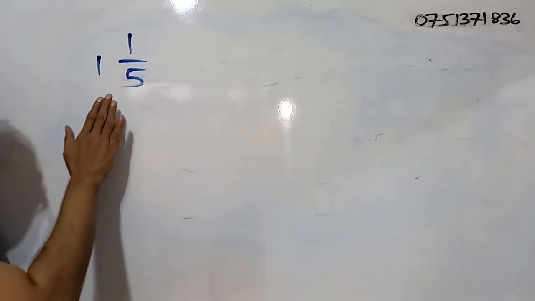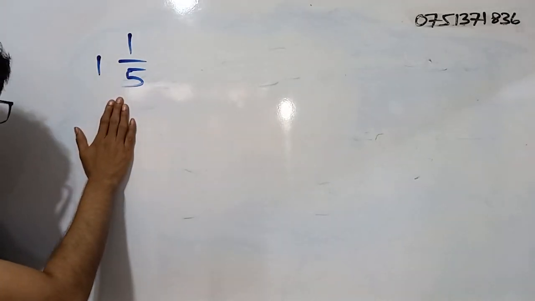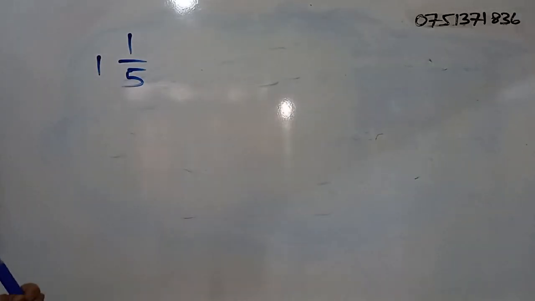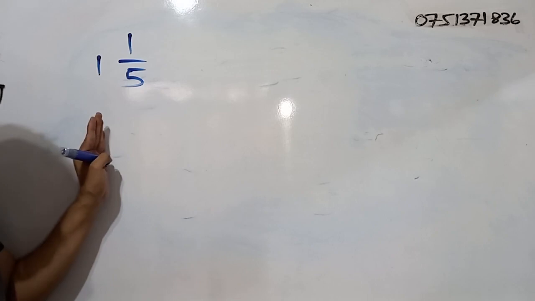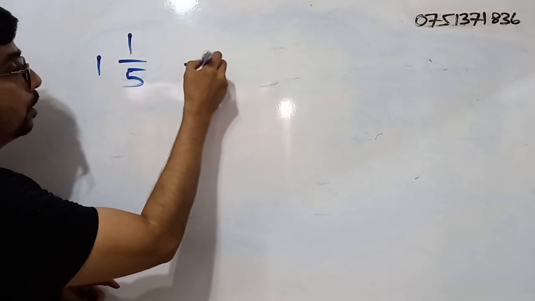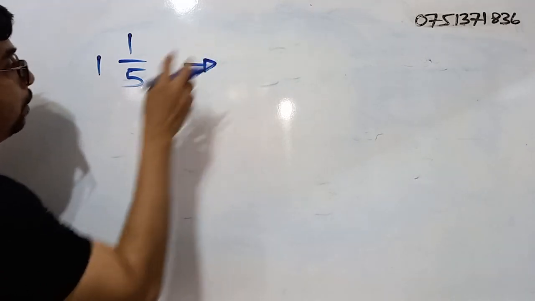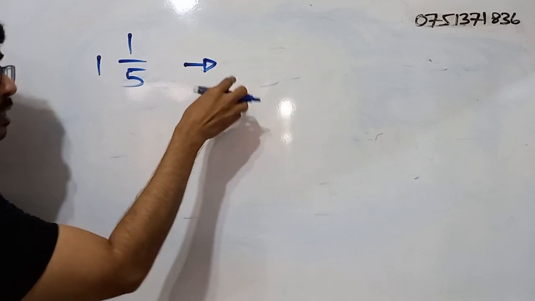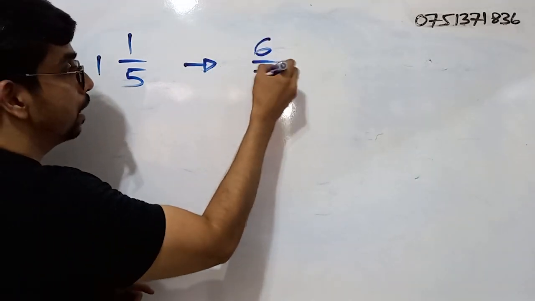So this is one of the examples that is on your tute, under the subheading converting a mixed number into an improper fraction. When we convert this mixed number into an improper fraction, what do we get? 6 by 5.